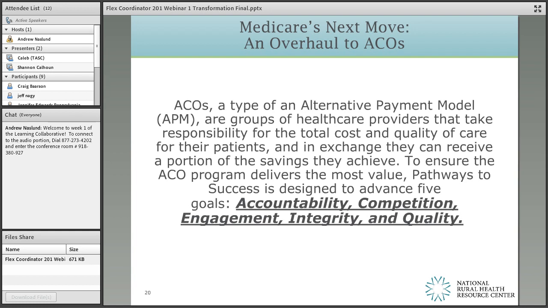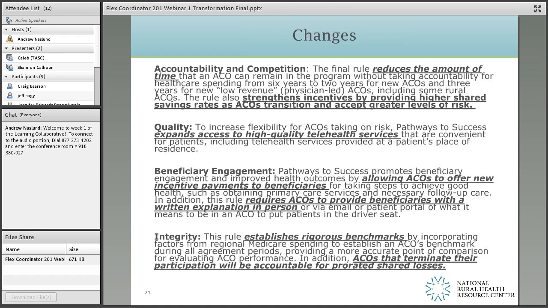I'm not necessarily saying taking risk, and we need to talk about that, and we'll do that in the ACO side of the house. But at this point, what is important to note is that Medicare is already making a new overhaul, and this year they called it the Pathways to Success. In the Pathways to Success, they're actually amping up the requirements to move to risk.